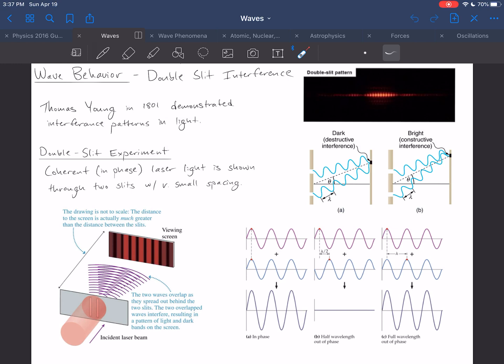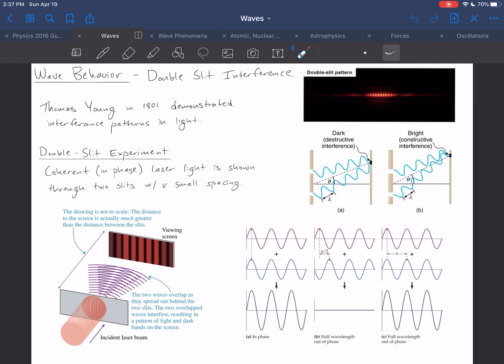So let's talk a little bit about why this happens, and what about waves allows us to make this prediction. When that coherent laser beam, so that laser beam full of light, all with the same wavelength and at the same point in their wave, this is part of what makes a laser, hits those two slits.